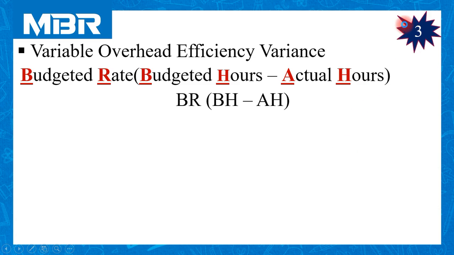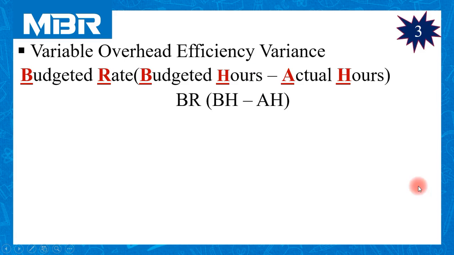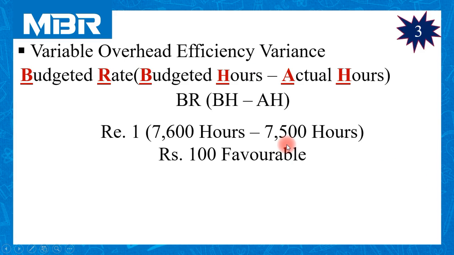Insert the values in the formula from here. We have all the information. Budgeted rate rupee 1 per hour, budgeted hours 7,600 and actual hours 7,500. Let us move to the calculation. Budgeted rate rupee 1, budgeted hours as per our calculation 7,600 and actual hours 7,500.